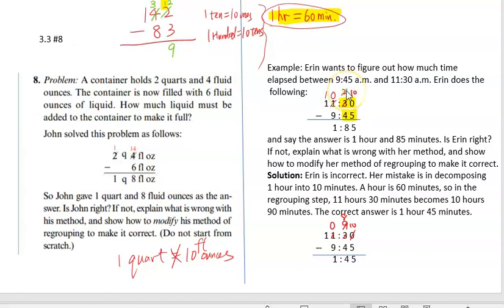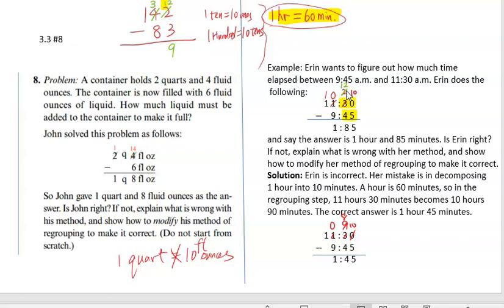So she added 10 to 2, which turned that into 12, and 12 minus 4 gives her 8. And then 10 hours minus 9 hours equals 1. And the mistake right here is 1 hour is not equal to 10 minutes. So when we borrow 1 hour from 11 hours, it's going to turn into 60 minutes instead of 10 minutes.